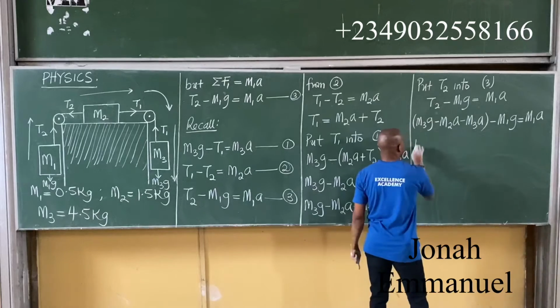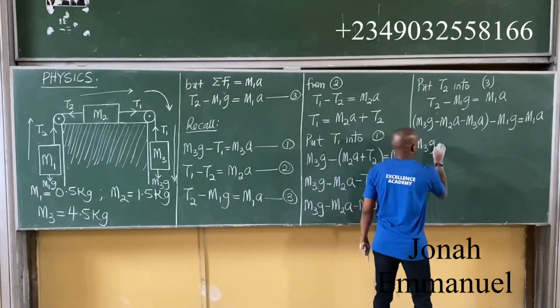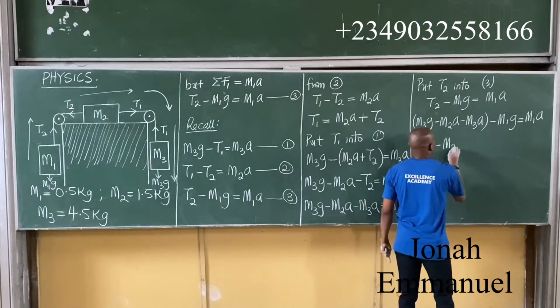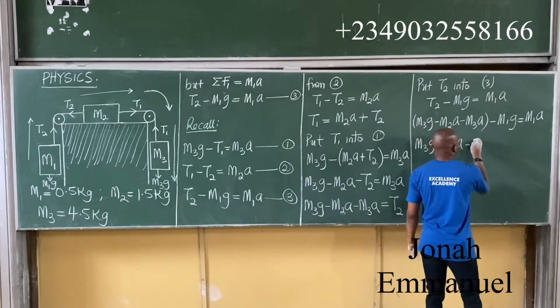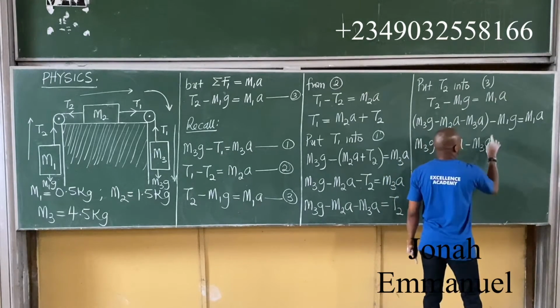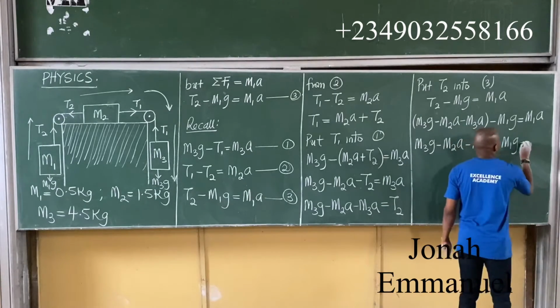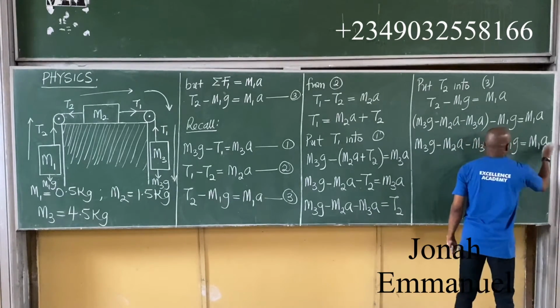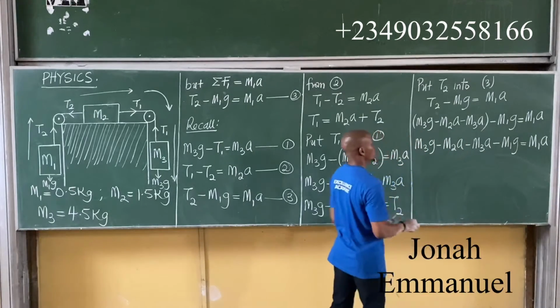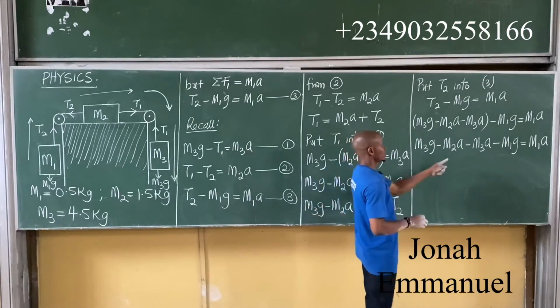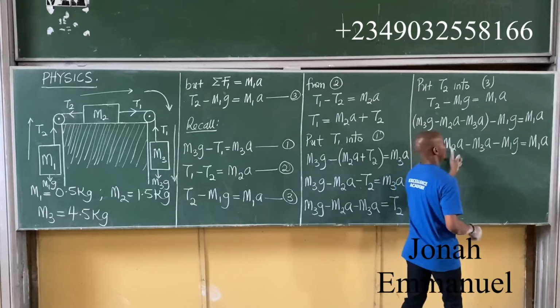Expand this, it becomes M3G minus M2A minus M3A minus M1G equal to M1A. So take all the terms having A, so it has A, so it has A. Move them over here.